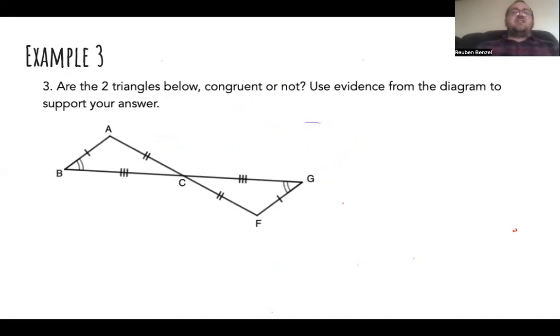So this is the classic, are the triangles congruent or not? Some stuff is pretty obvious from the diagram. A 1 tick mark side and a 1 tick mark side are given, so we're going to say that AB is congruent to GF.